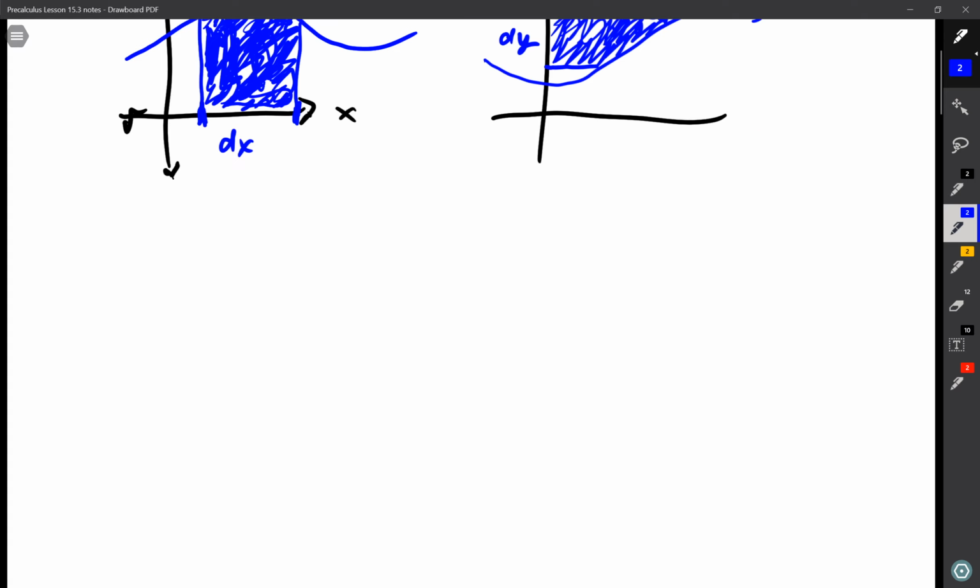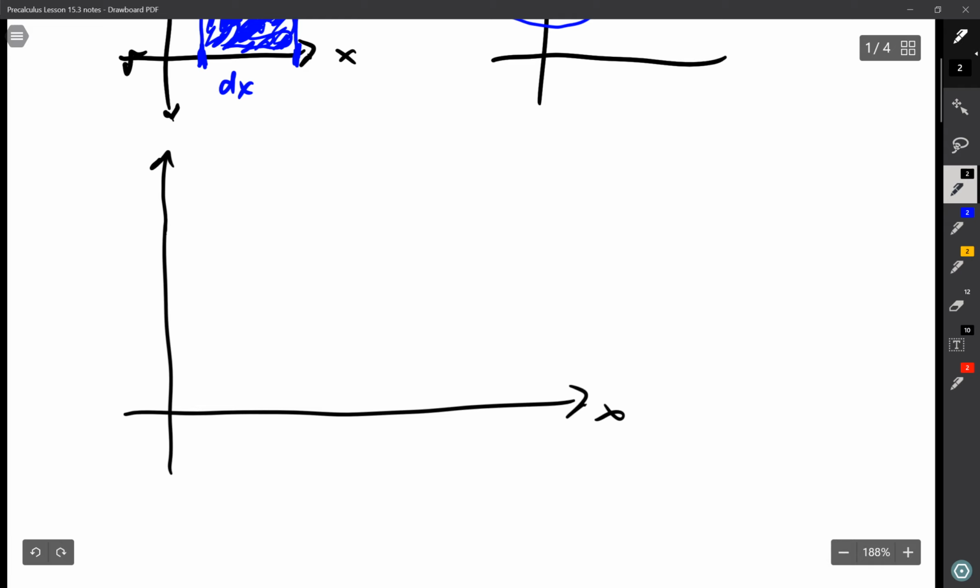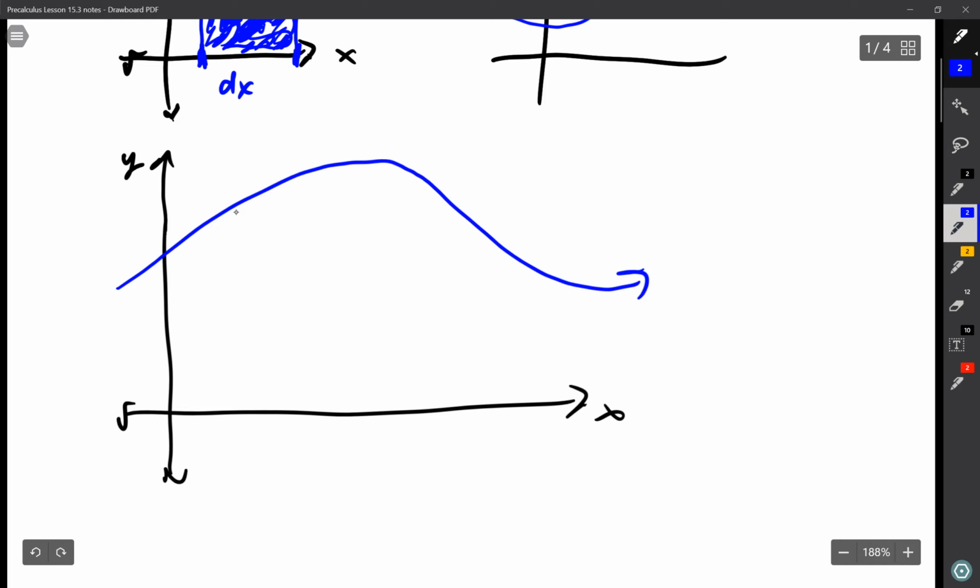So here's the idea. Let's say we do some drawing again, and we have some curve going on again. And let's say we want to evaluate from there to there.